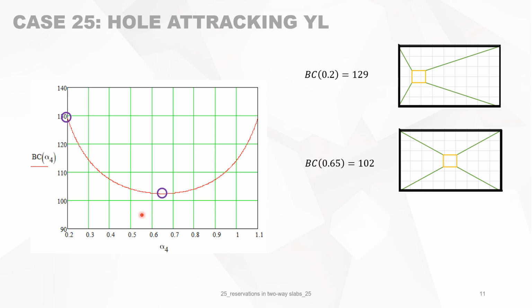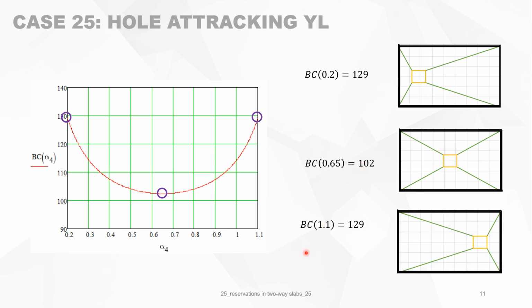The extreme value here is at 0.65, so it's almost in the middle. Gives you 102. And on the right-hand side, it's this point and gives you 129. You'll see that for this reservation, going from left to right, there is no problem concerning bearing capacity because everything is above 100%.